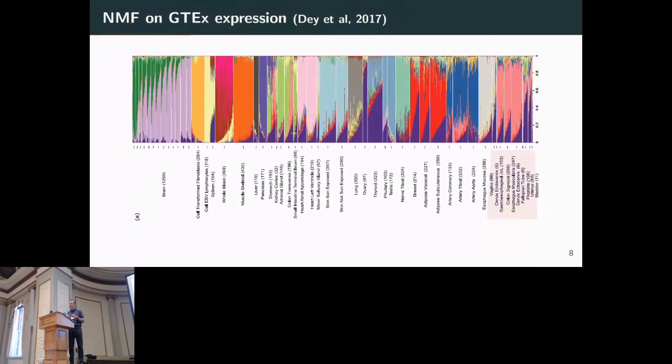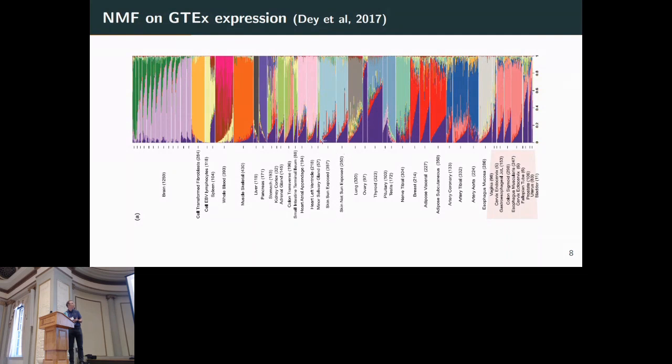Well, one way we can do it is just look at which tissues they're falling in. So of course you can see, for example, this orange one here is mostly in the muscle skeletal tissues, and this light blue here, for example, is in the two skin tissues.